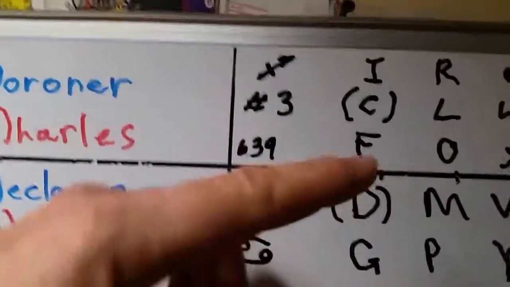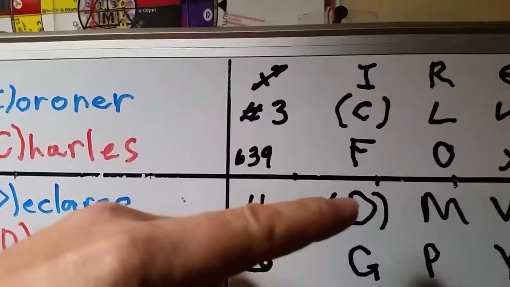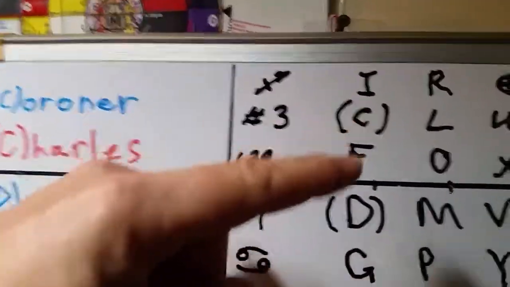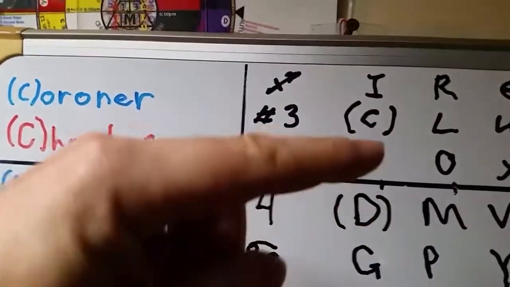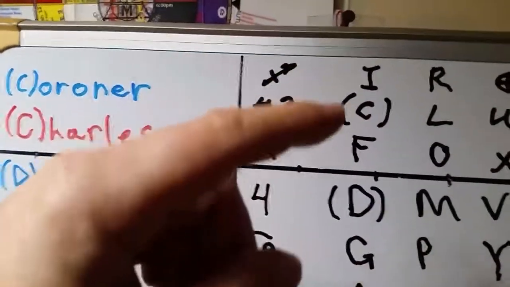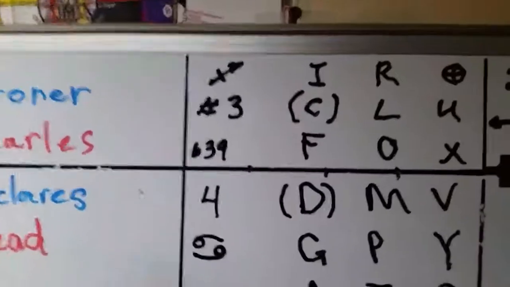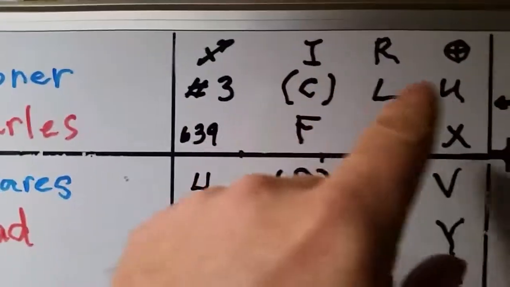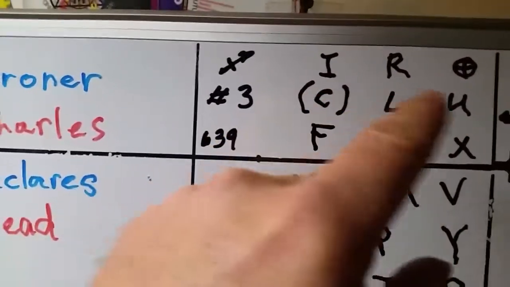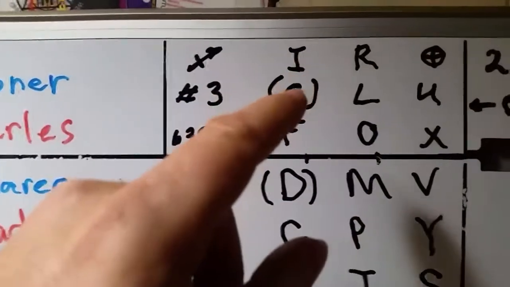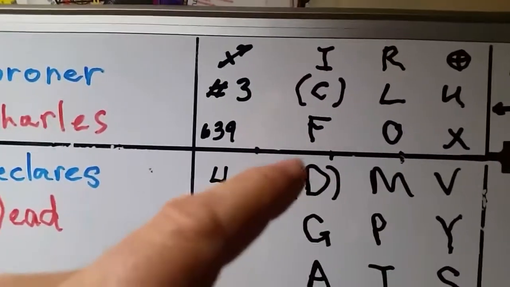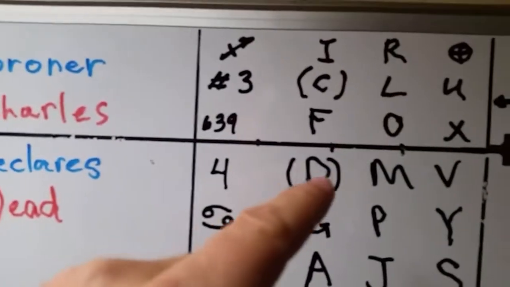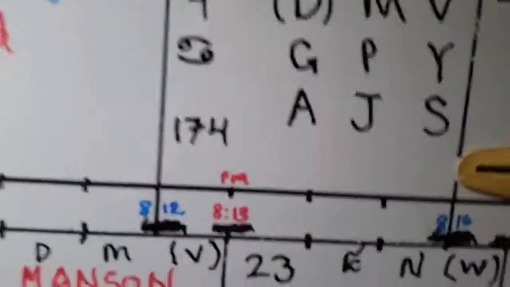So in actuality, this is saying Manson, Charles Manson. Coroner declares Charles Manson dead. Okay, now, who was Charles Manson? He was a cult leader. Charles Mills Manson dies, or dead. Okay.